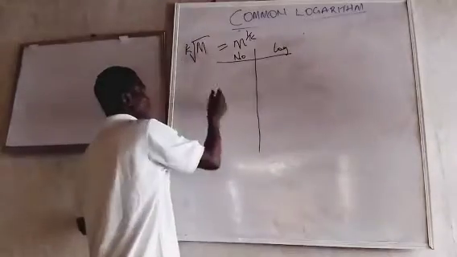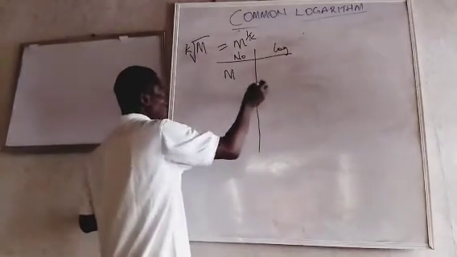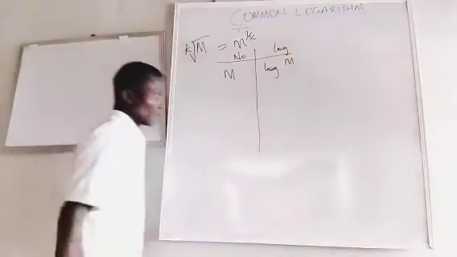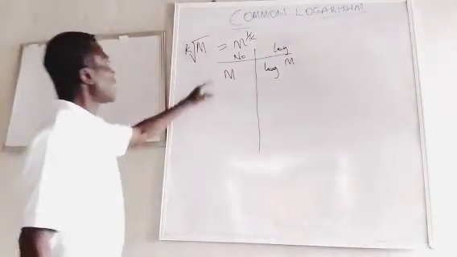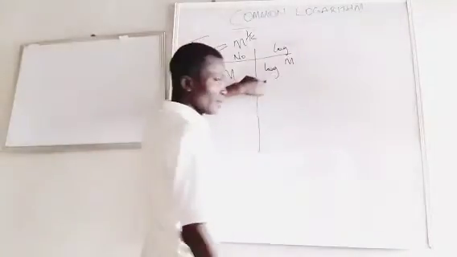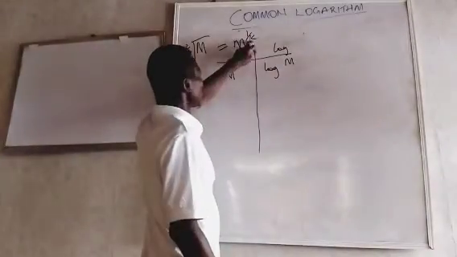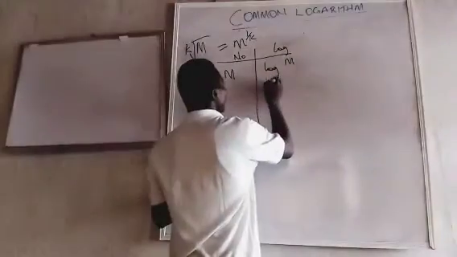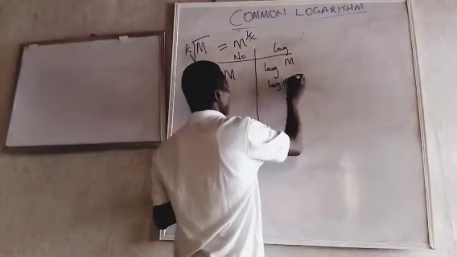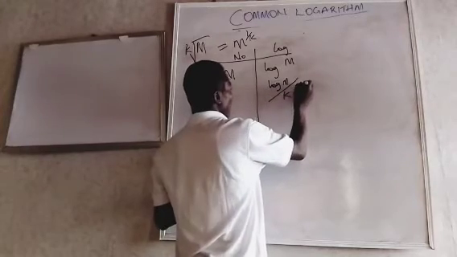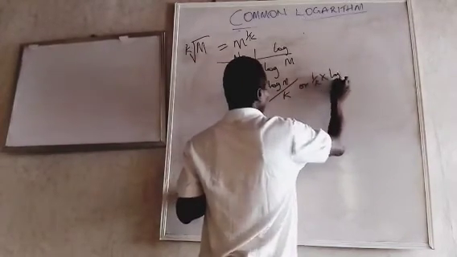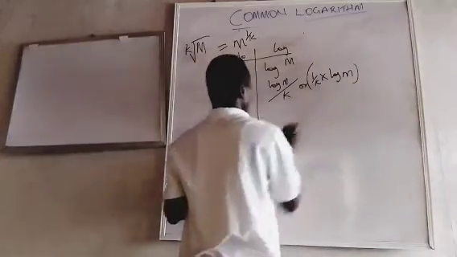So to find this, I first of all find log n from the table. Once I have done that, I will divide this log by k, or multiply by 1 over k. So it will be log n divided by k, or 1 over k times log n. It's still the same thing.